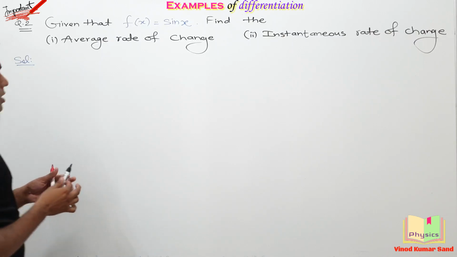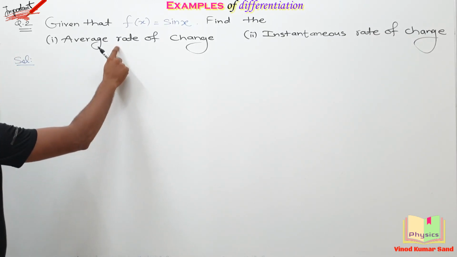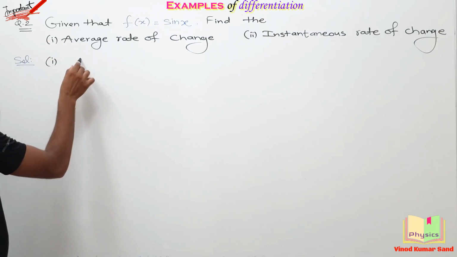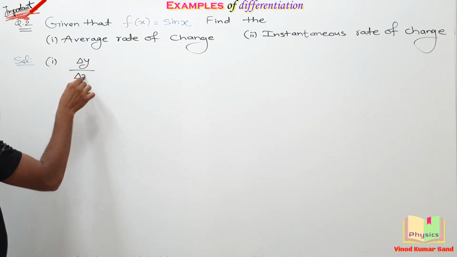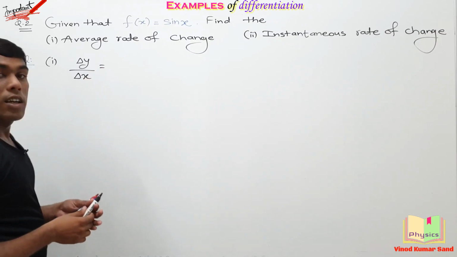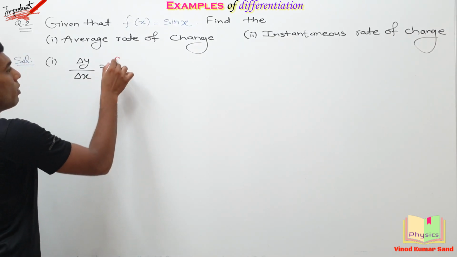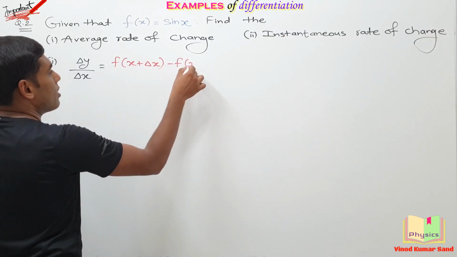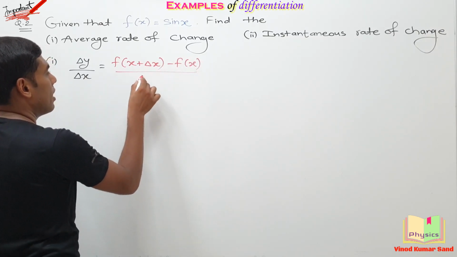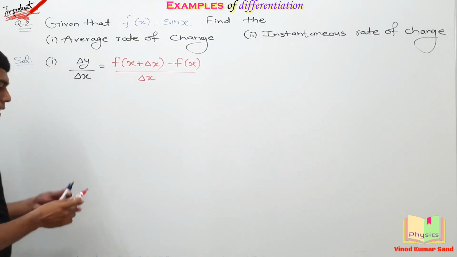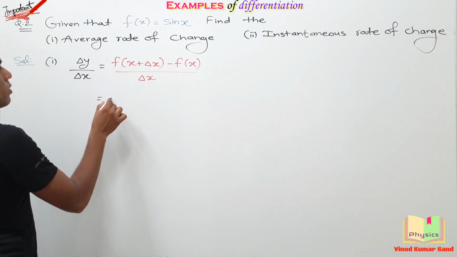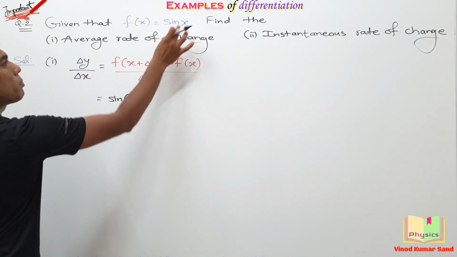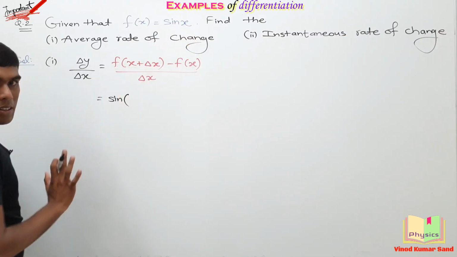First of all, let's say we want to obtain the average rate of change. In order to obtain the average rate of change, do you remember the formula? Del y by del x was equal to f(x plus del x) minus f(x) divided by del x. So putting in the values, sine, in place of x you will be putting x plus del x everywhere.